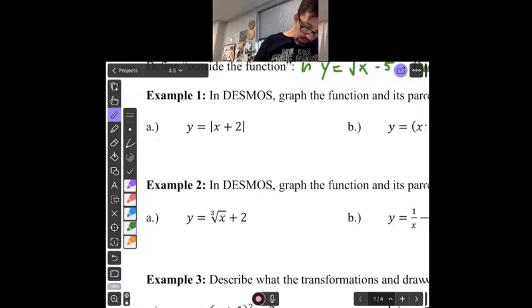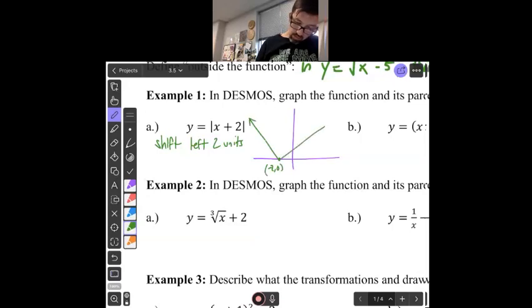So this was a shift left 2 units. And what we saw graphically was that the vertex was supposed to be at 0, 0, but instead it was over here at negative 2, 0. And that was a V. So something like that.